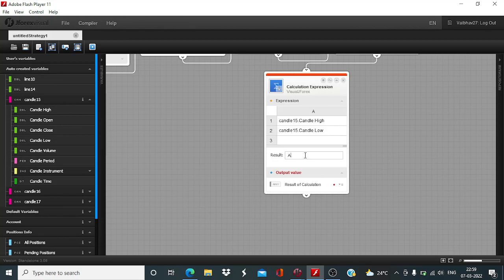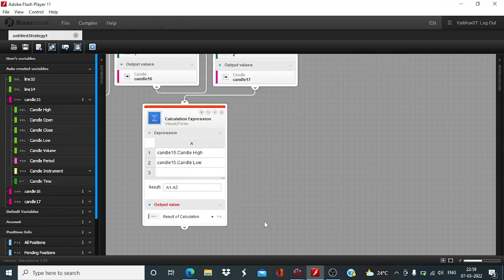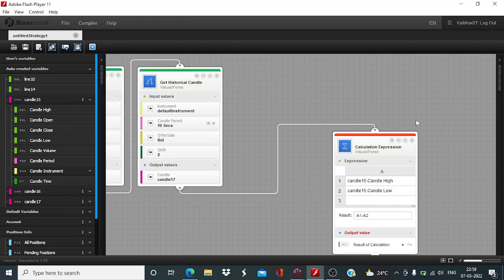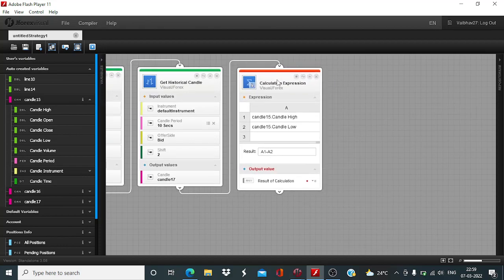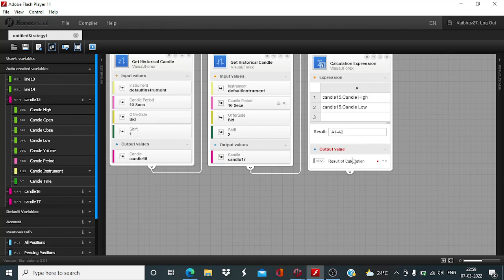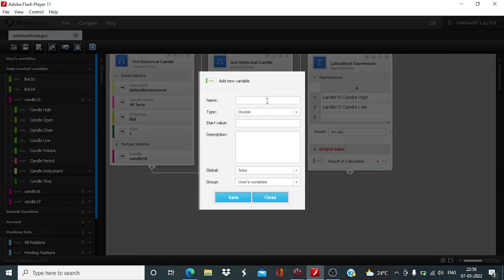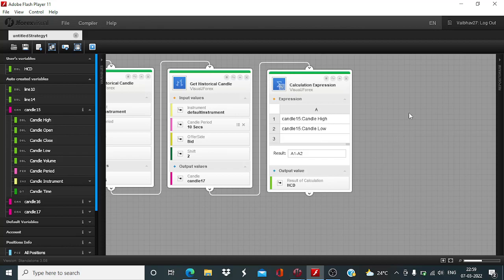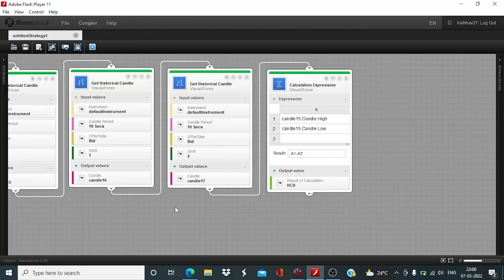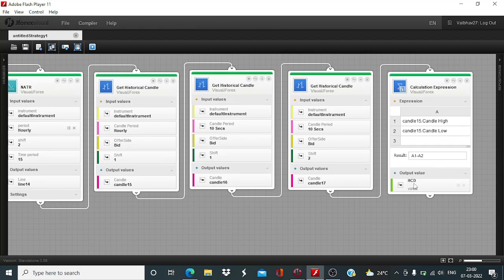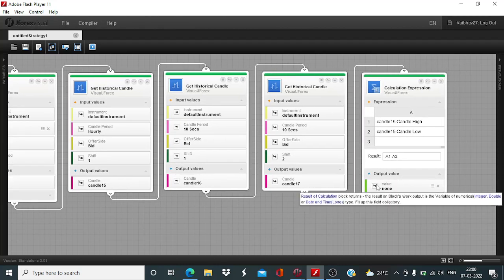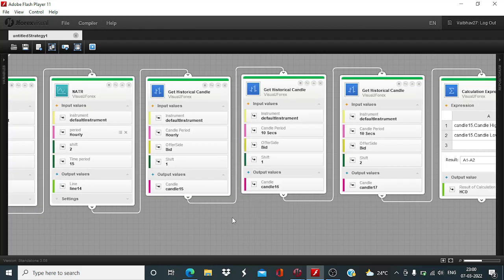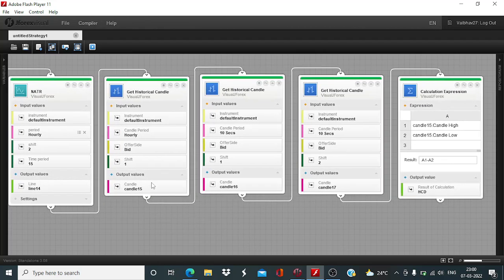Okay, A1 minus A2, and the result will be the hourly candle difference. So we have this calculation block in place with the output value, which is going to be equal to the difference between the highest and the lowest value of the last hourly candle.